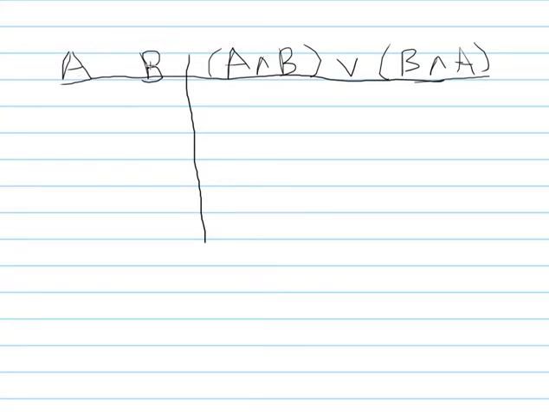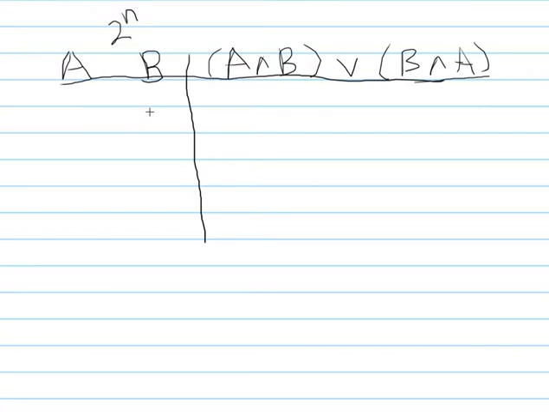Here we have 2, so that means there's going to be 4 rows. There's going to be 4 possible ways of combining different truth values for A and B. And as was mentioned in that lecture, the formula for that is 2 to the power of n, where n is the number of atomic sentence letters. So here, because n is 2, we have 4 rows.